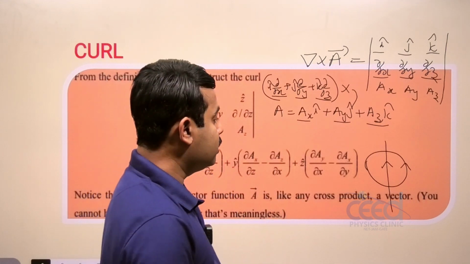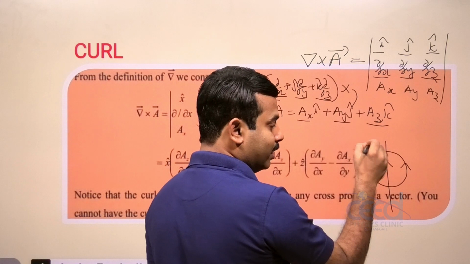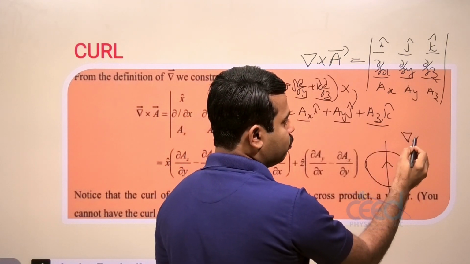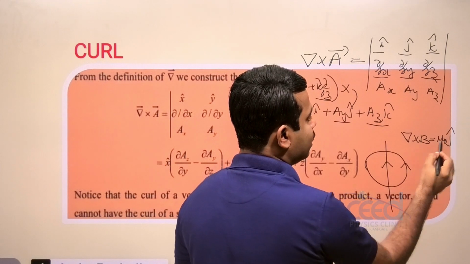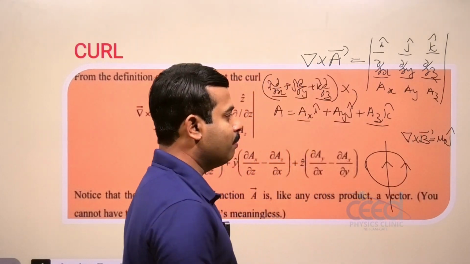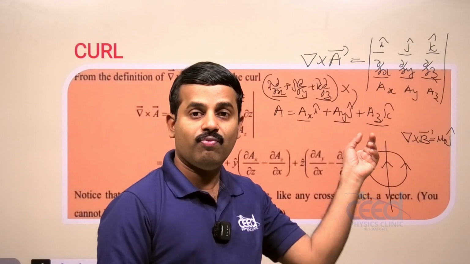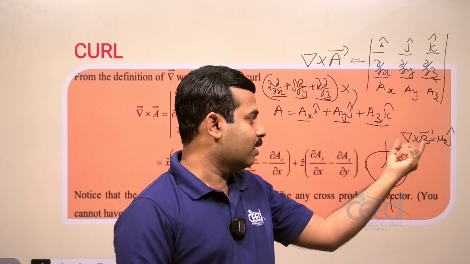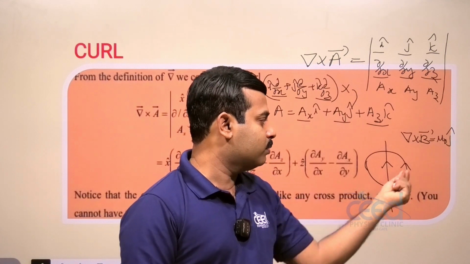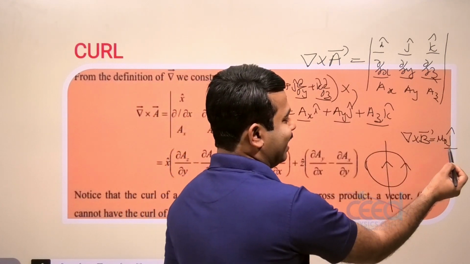That means what you studied in one equation there, del cross B is equal to mu 0 J. That means the rotation of the magnetic field around a current carrying conductor is determined by mu 0 times the current density.